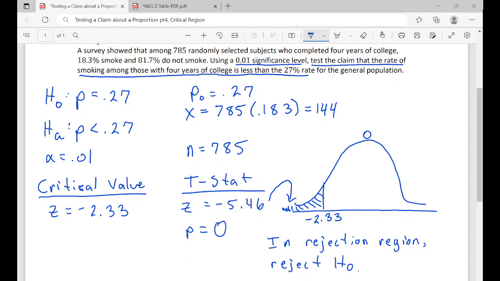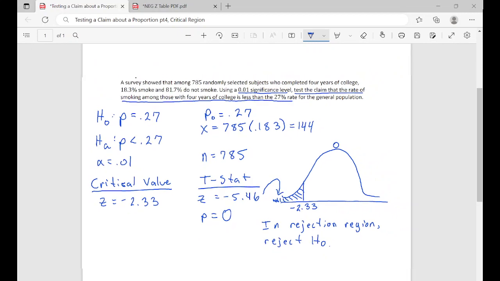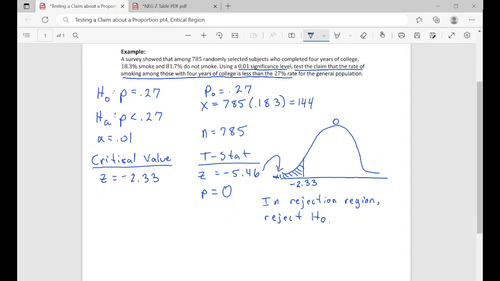So now that we know we're rejecting it, we still need to state our answer in a sentence or so. So test the claim that the rate of smoking among those with 4 years of college is less than 27%. Zoom out so we can type it in.